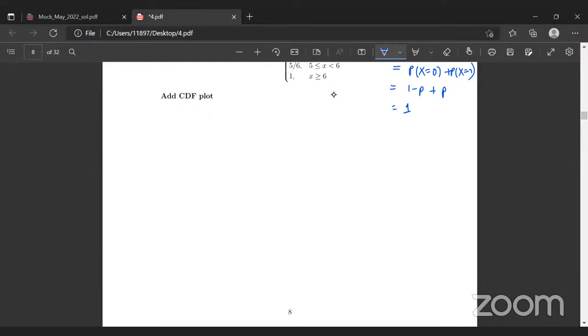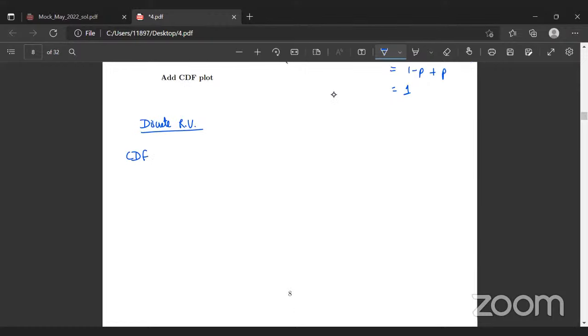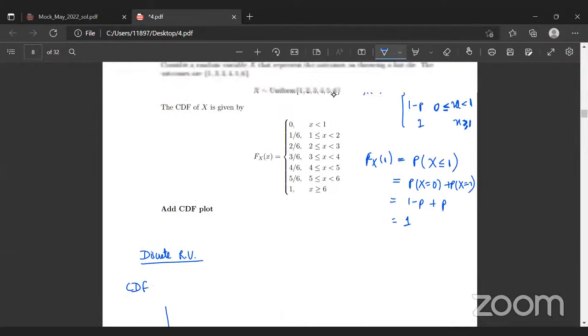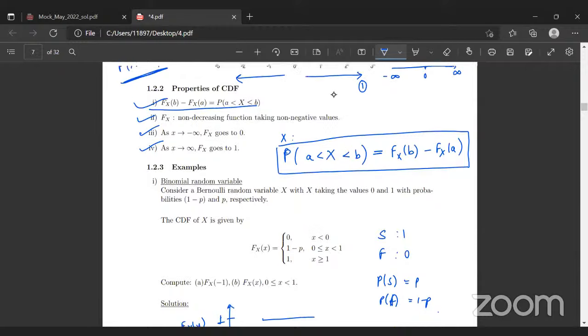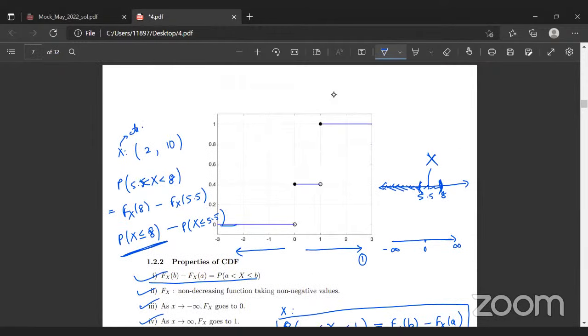Okay, so if you have a discrete random variable, the CDF in that case will have a jump-like structure. As you see in this figure over here, this CDF has a jump at 0, and at 1 it has a jump.